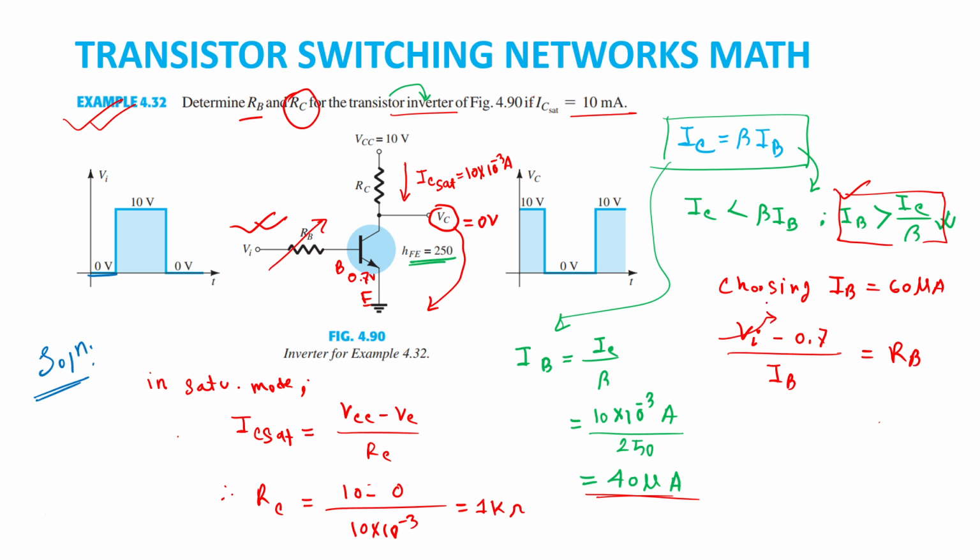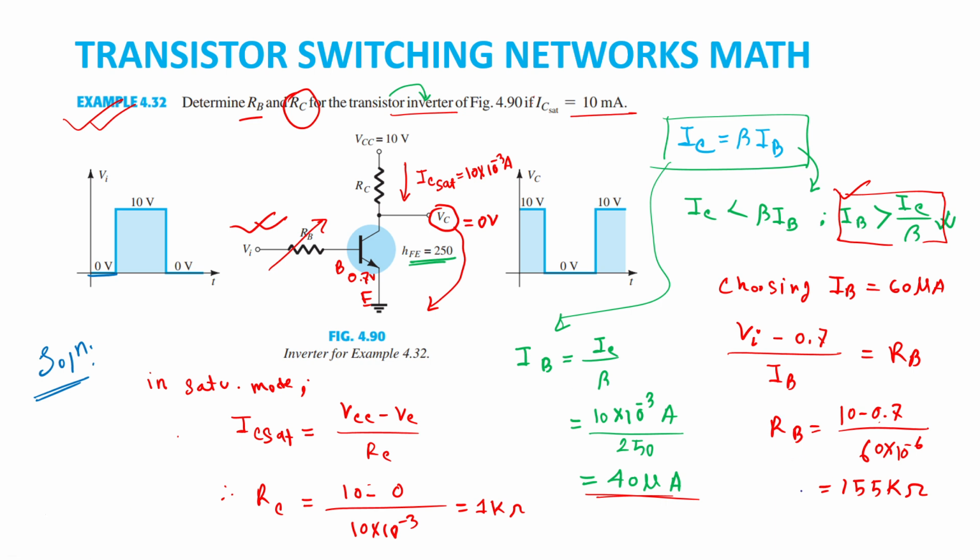VI is given to us, that is 10 volt. So RB is equal to 10 minus 0.7 divided by the base current we have chosen, 60 microampere, that means 60 into 10 to the power minus 6. Then RB would be 155 kilo ohm.